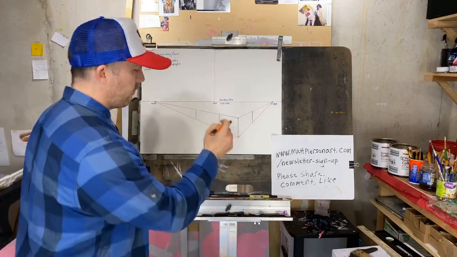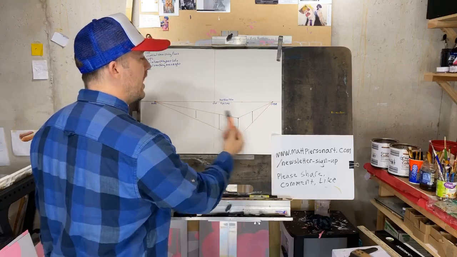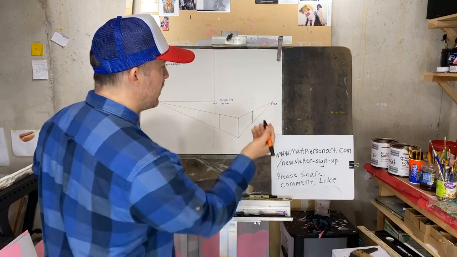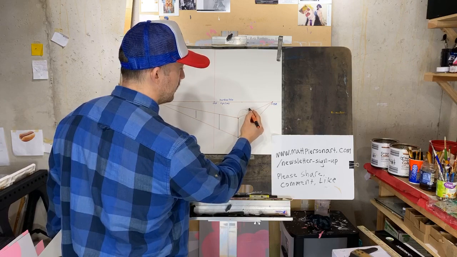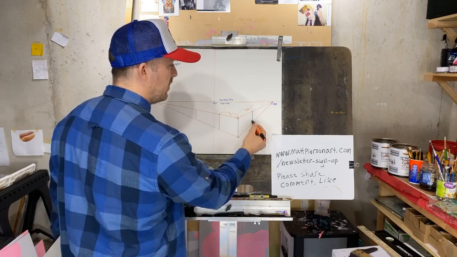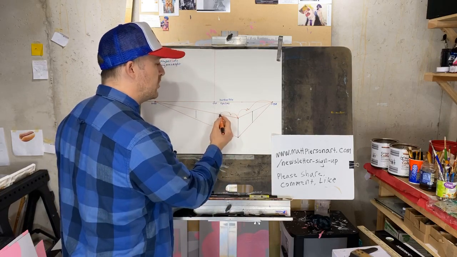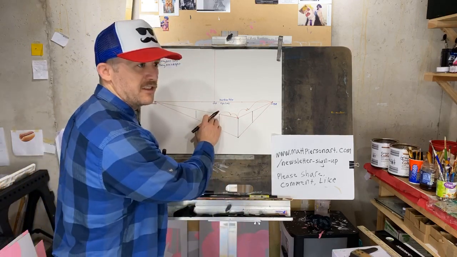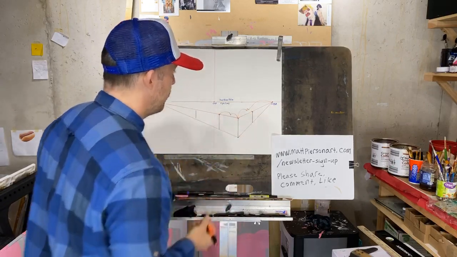To determine the top plane of that object, you've got to recognize where these vertical lines cross paths with the top line. It's fairly easy to determine once you draw your vertical lines to establish the back edge of this shape. So it's right here and right here, okay?